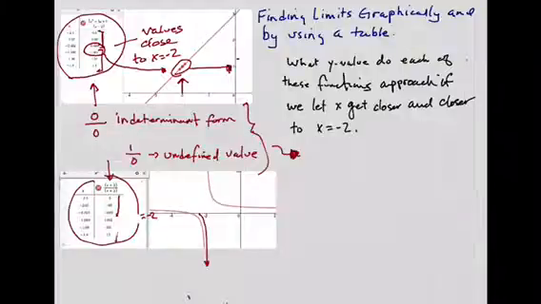But as I approach negative 2 from the right of negative 2, my values are getting bigger and bigger and bigger. Okay? So you probably remember the term vertical asymptote. One side is going to large negative values of y, and the right-hand side is going to large positive values of y. That leads to, again, a vertical asymptote.